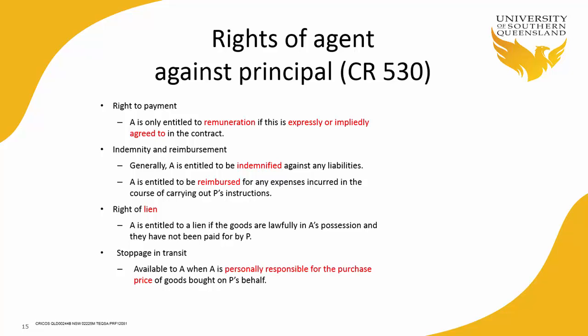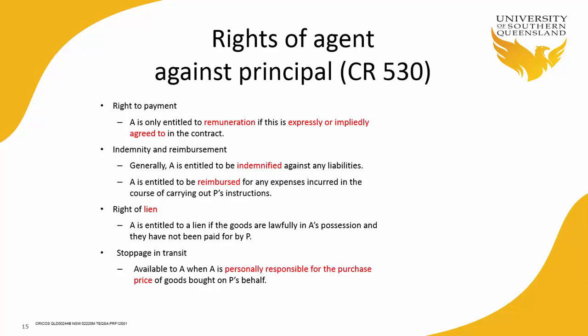Right of lien. We haven't talked much about lien. We will probably broach the subject in some more detail when we look at chapter 23 in relation to some of the economic torts, but here we'll just say that the agent has a right to retain possession of goods of the principal until reimbursement of expenses and commission, if applicable, have been paid.